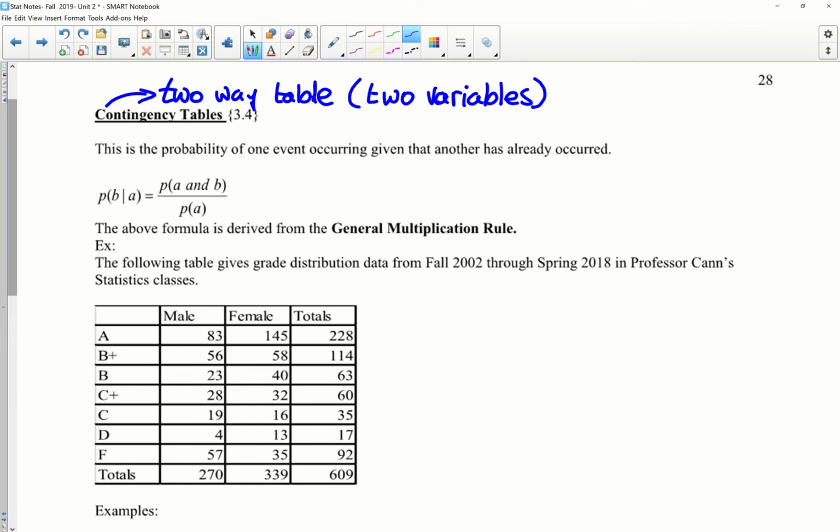Now the statement here, this is the probability of one event occurring given that the other has already occurred. So that's a conditional probability. That's weird. That should say that there.